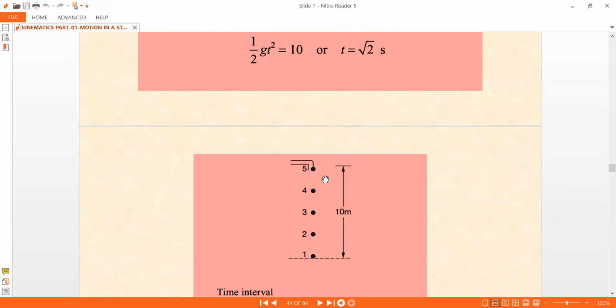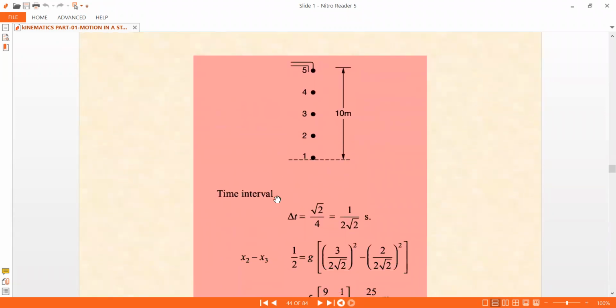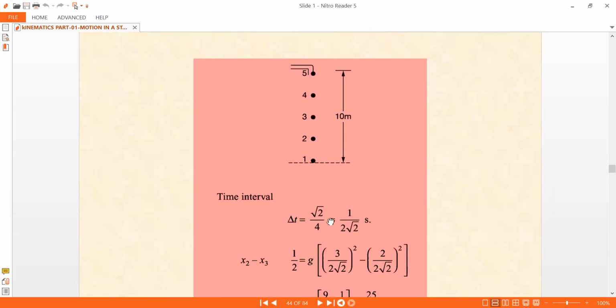Now you can check that the time intervals between each drop are the same. So equal time intervals, and we have to find the time interval. The first drop takes root 2 seconds, and the second drop will be root 2 plus root 2, that is 2 root 2 seconds, right?